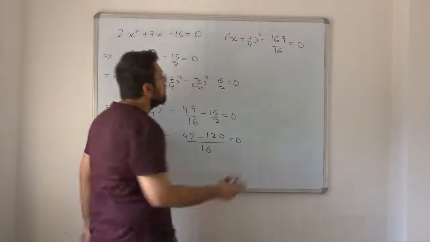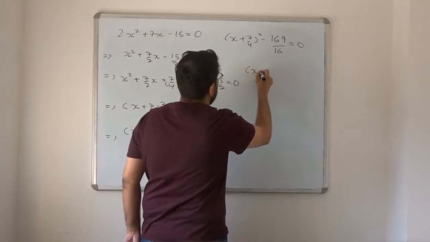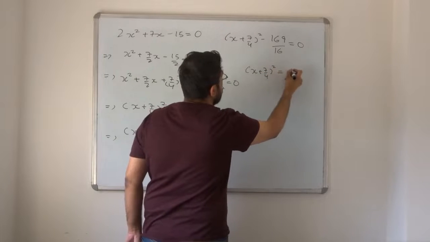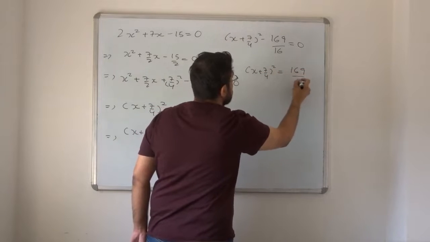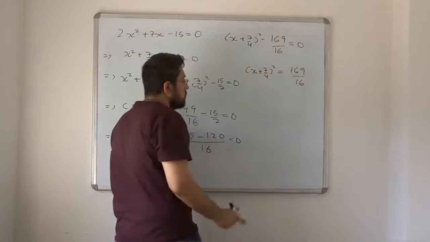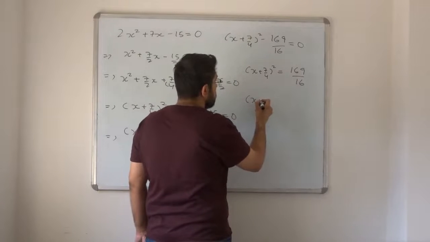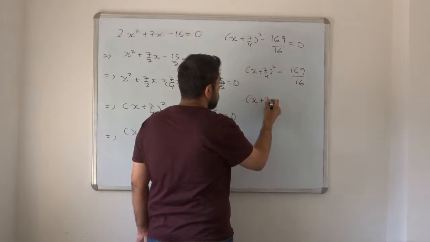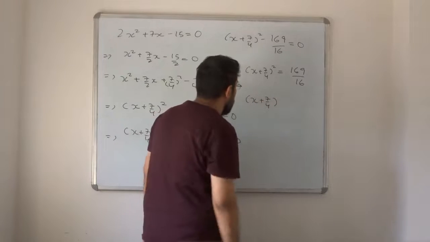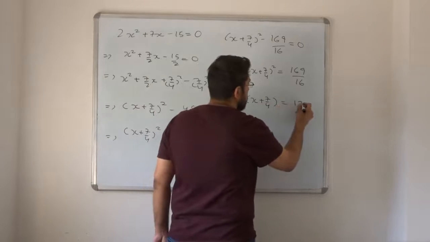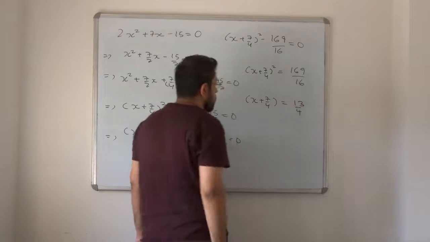So now we take it on the other side, 169 upon 16. So now you have to cancel the square by taking the square root. So now you get 13 upon 4.